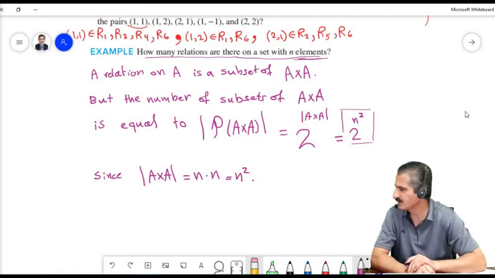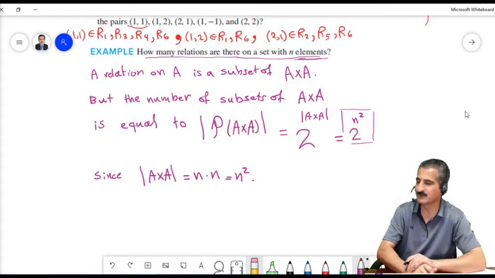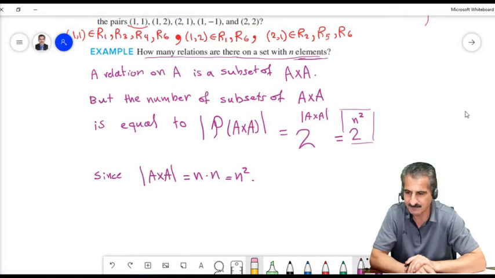At the beginning we said 2 to the power n, and Aruba says 2 to the power n squared. Good, thank you.